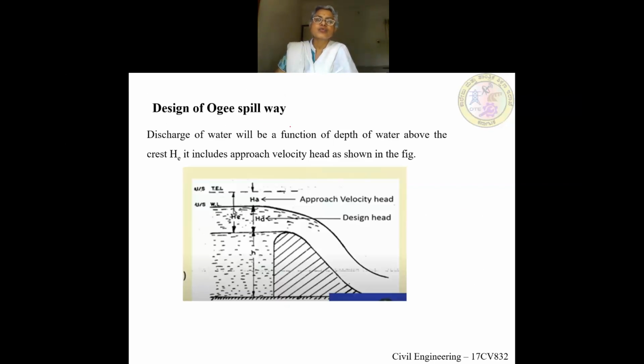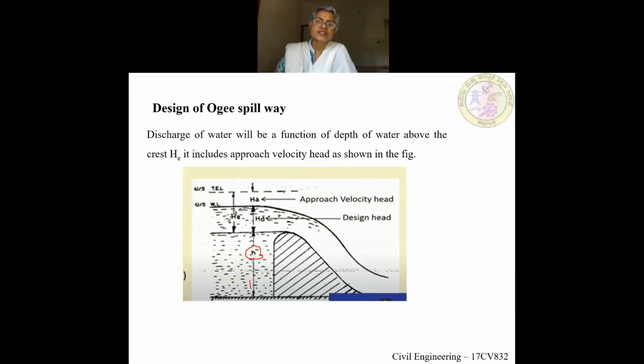So, design of the Ogee spillway. Consider an Ogee spillway with a downstream profile matching the lower nappe of the free falling discharge over a sharp crested weir. If h is the height of the spillway, HD is the design head and Ha is the approach velocity head, then HE is the total design head, which includes HD and the approach velocity head.